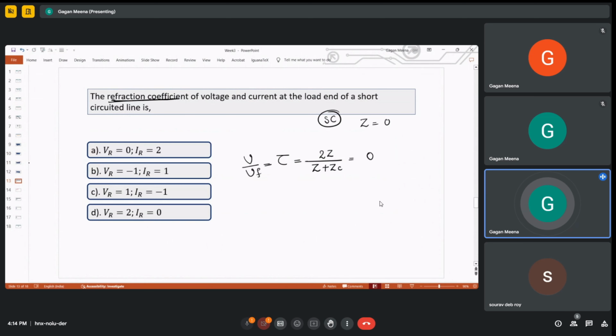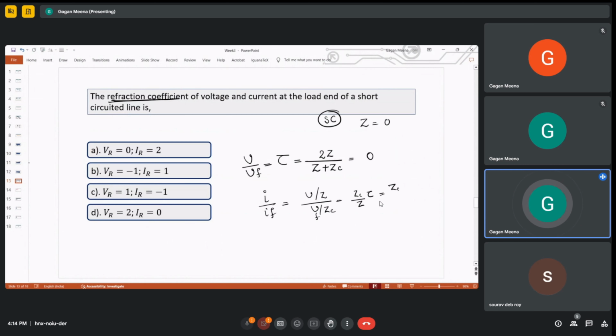But now we also want to calculate I divided by IF. So I was V by Z, and IF is VF by ZC. So this is how much? ZC upon Z into tau.